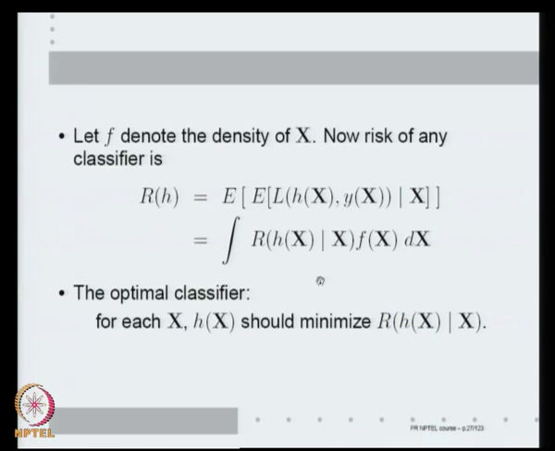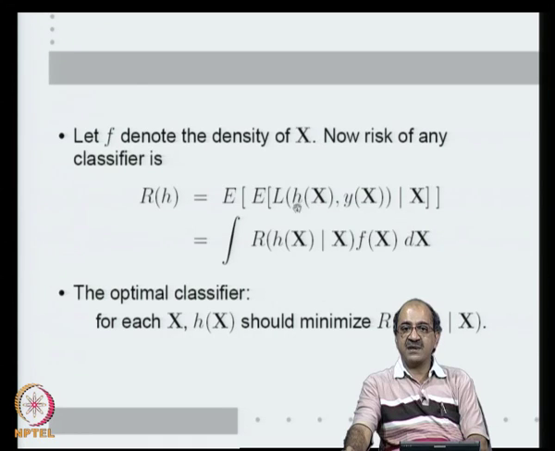From this expression there is something that we can say. If we can find a classifier h such that R(h(x) given x) is less than R(h'(x) given x) for every x and any other h', then an h that minimizes the integrand for each x would be the optimal classifier.